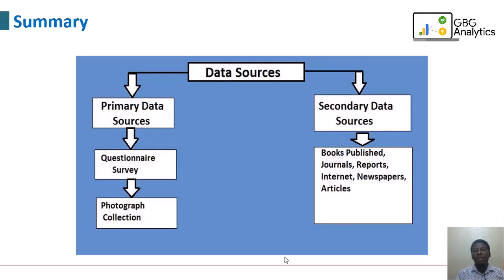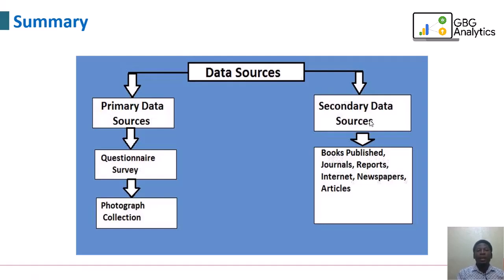Now let's see the summary of what you are able to learn in this video. This video talks about data sources. As you know, we have two sources of data. The first one is primary data, which is what is called first-hand information, while the second source of data is known as secondary data, also known as second-hand information.